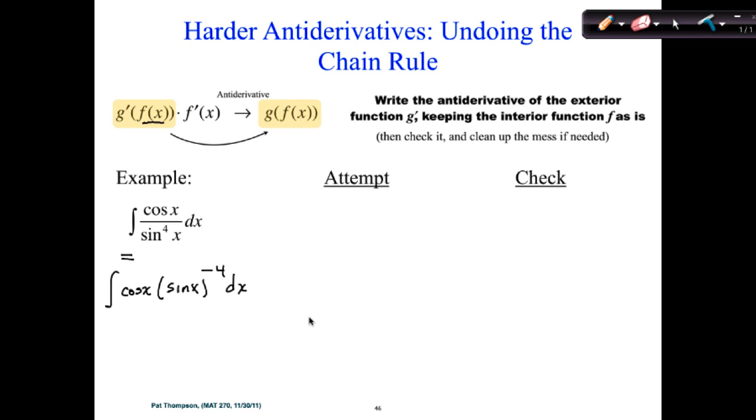So Will, what do you think the first attempt is then? Okay, so it looks like you took the derivative. That's perfect. But we're going to do the power rule the other way.